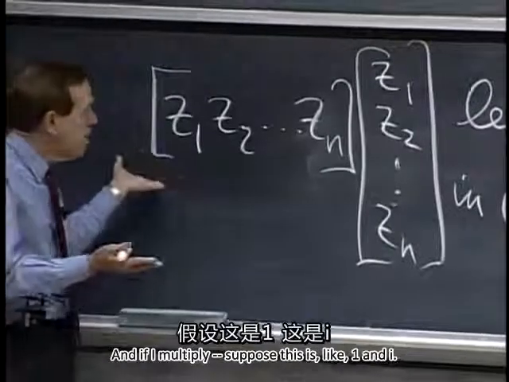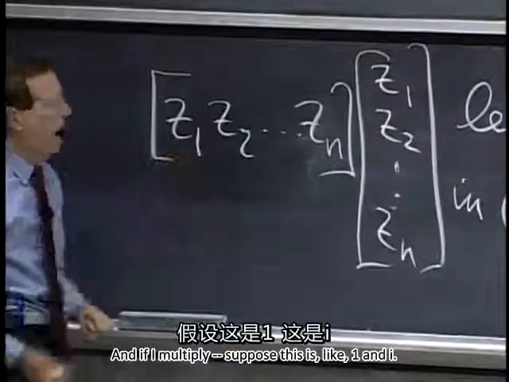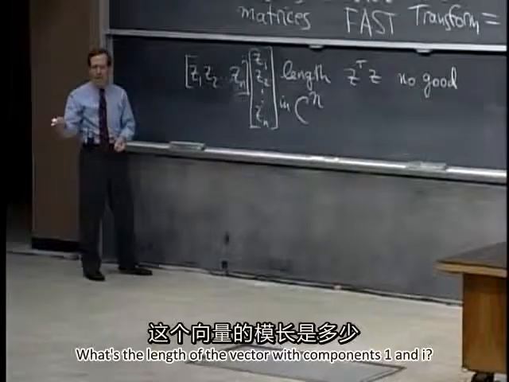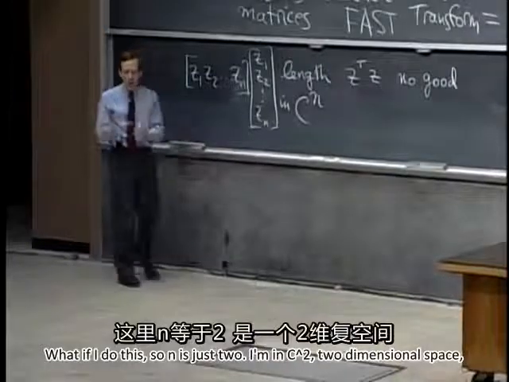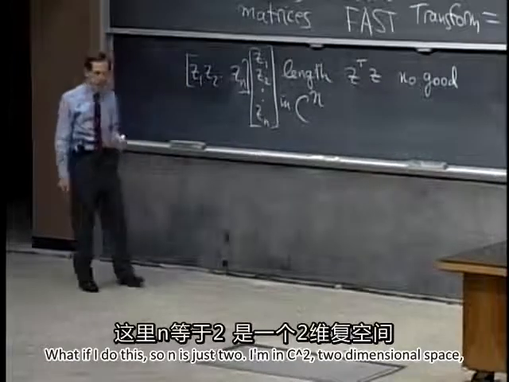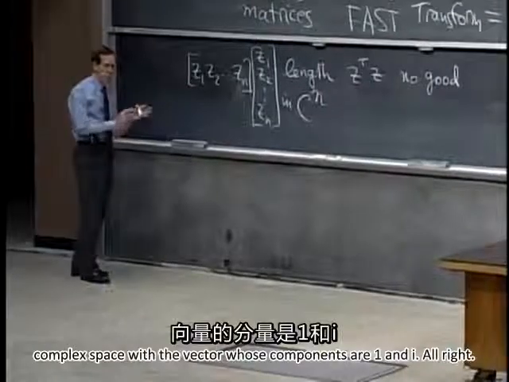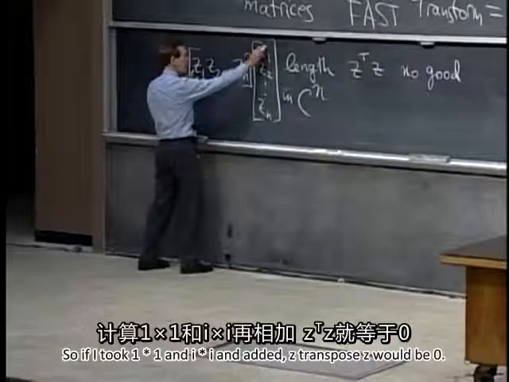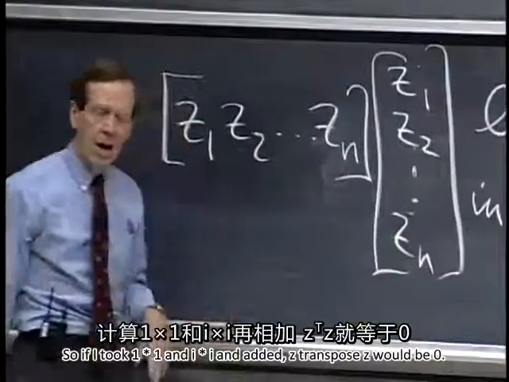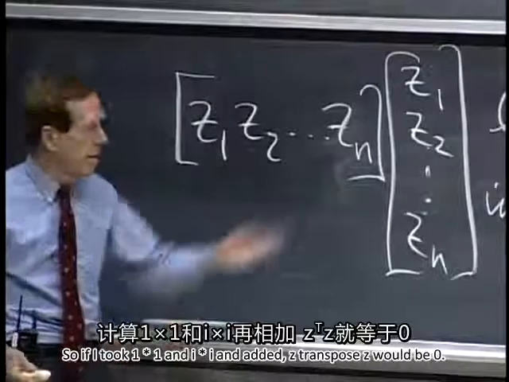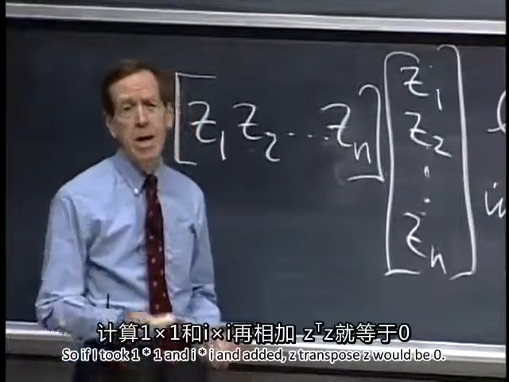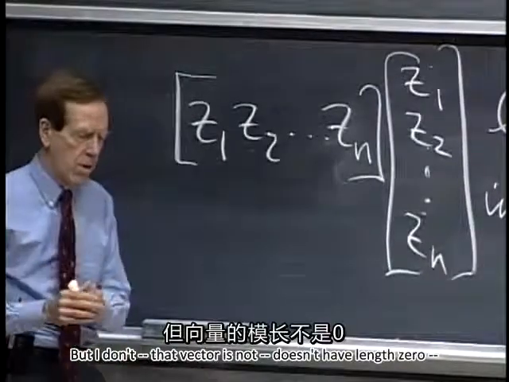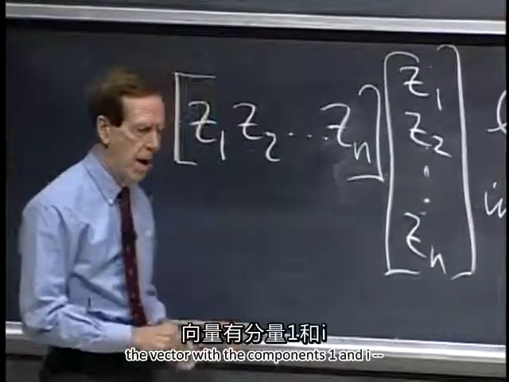Suppose this is like 1 and i. What's the length of the vector with components 1 and i? So n is just 2. I'm in C2, two-dimensional complex space, with the vector whose components are 1 and i. All right. So if I took 1 times 1 and i times i and added, z transpose z would be 0. But that vector doesn't have length 0. The vector with components 1 and i.